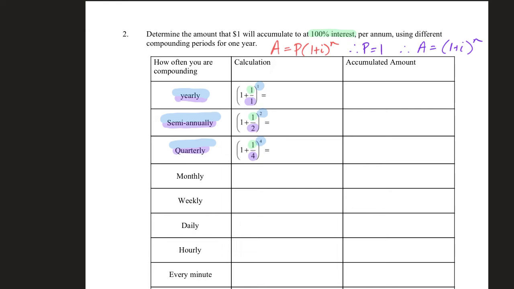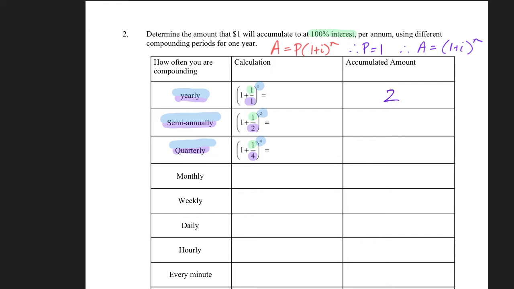Okay, so let's take a look at the first one. We can calculate that pretty quickly. You have your 1 over 1, which is 1. 1 plus 1 is 2. 2 to the exponent 1 is 2. Now, just stop for a second and realize that that should make sense.